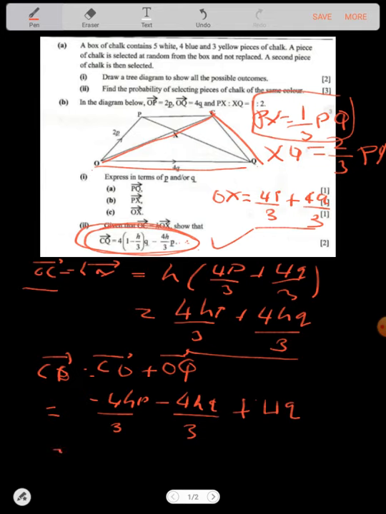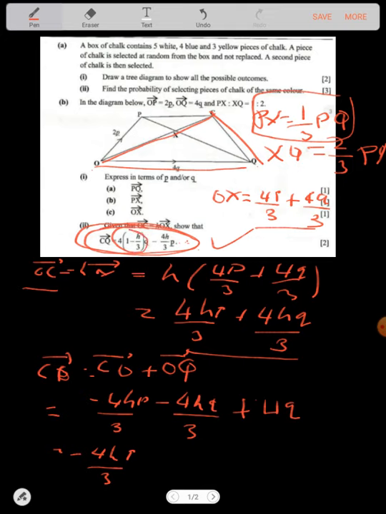So we have negative 4hP over 3. Then when you factorize here, what is common? Q and 4. So we take out 4 so that it's the same as this part here.